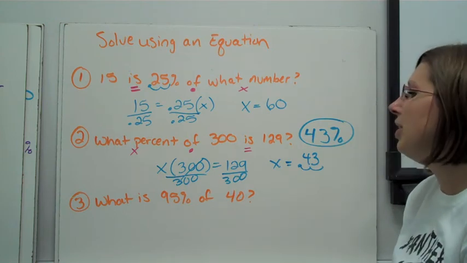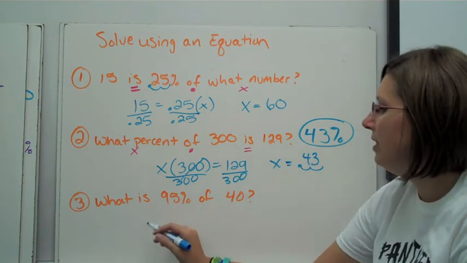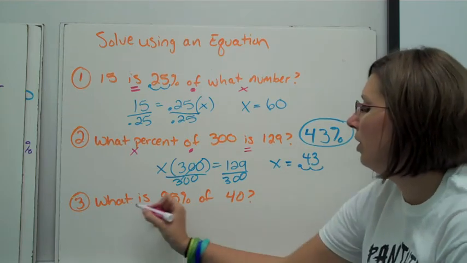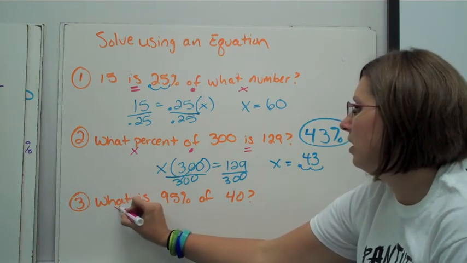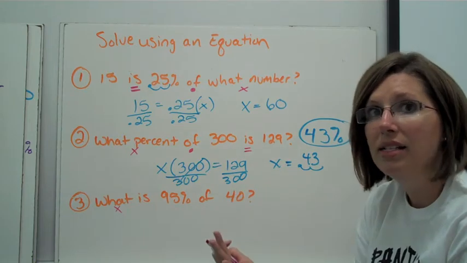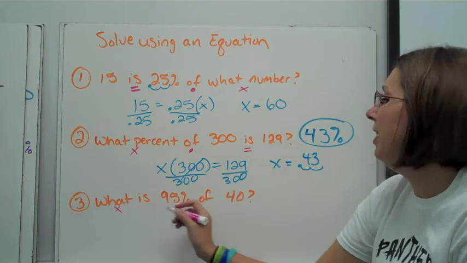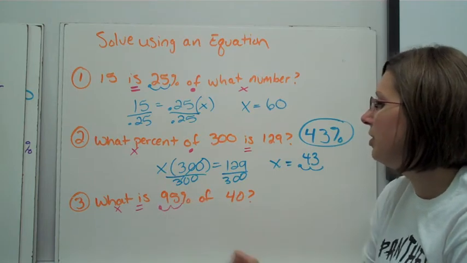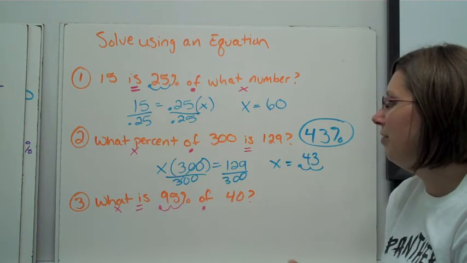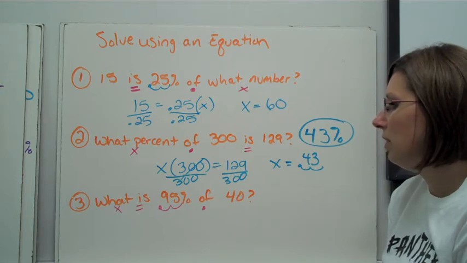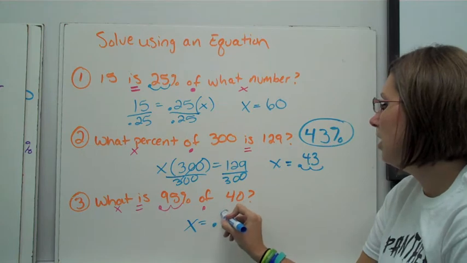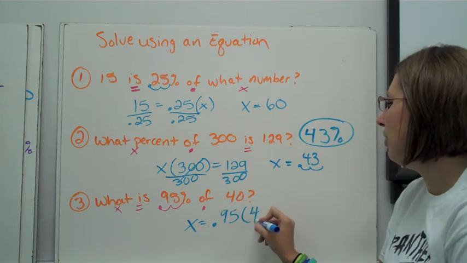Okay, let's try the last one. What is 95% of 40? So it looks like what is the x. I don't know what, so I need to put a variable there. Is means equals. Change your percent to a decimal. Of means times. So here we have x equals 95 hundredths times 40.